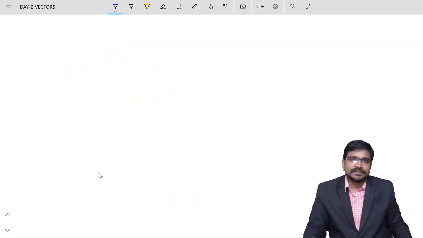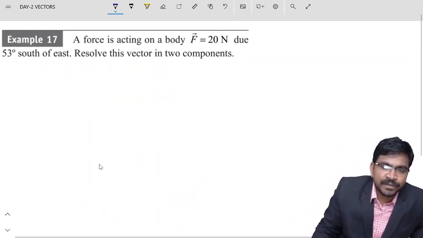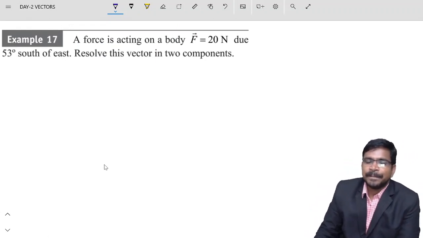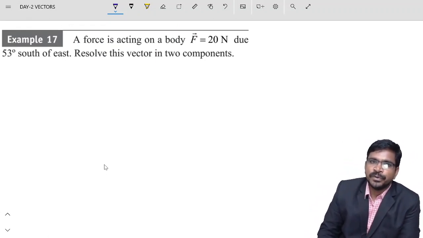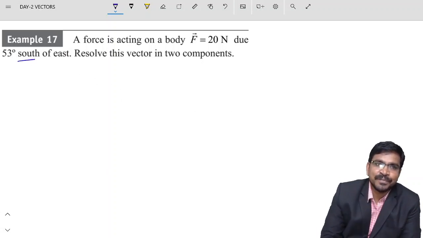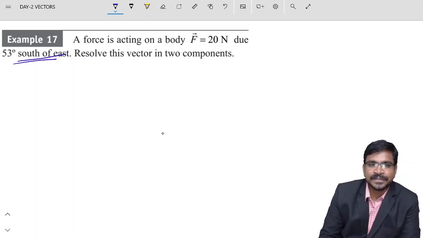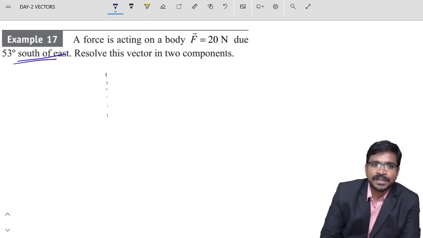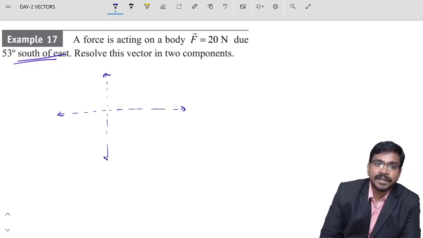Next problem. A force is acting on a body, 20 newtons due 53 degrees south of east. This south of east is the confusing part for most of the students. See, if you construct a coordinate system like this, let me consider east is here and north is here.